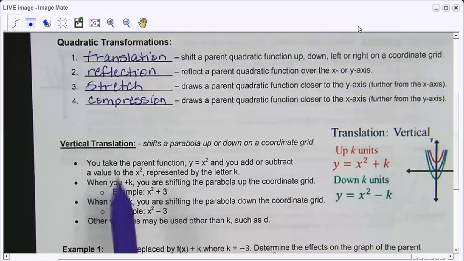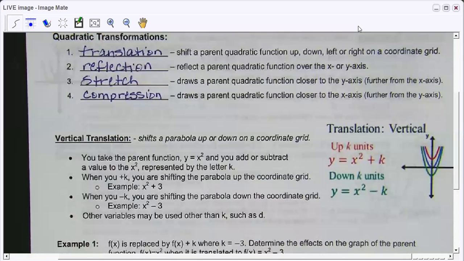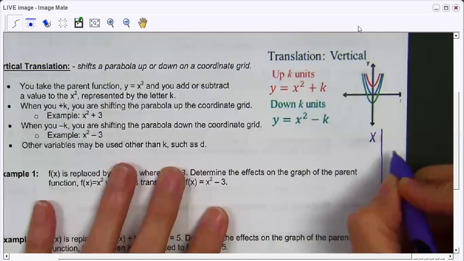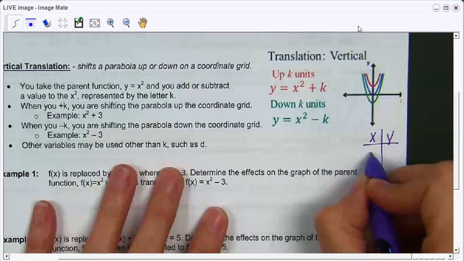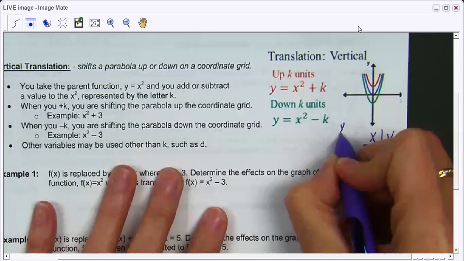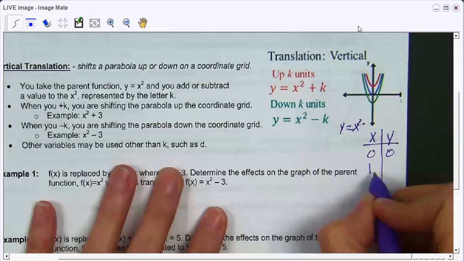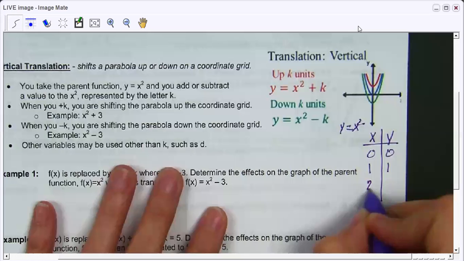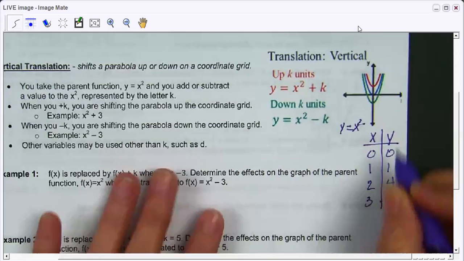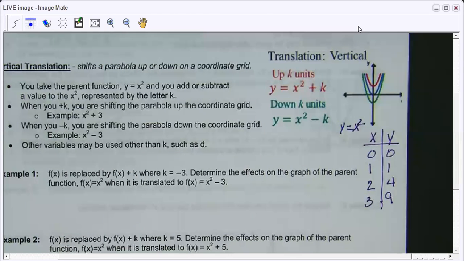So you take the parent function. Remember, we talked about in our last lesson that the parent function has a table that looks like this, where you have 0, 0, and then 1 squared, and the equation looks like this. And so 1 squared would be 1, 2 squared would be 4, 3 squared would be 9. So when it talks about the original parent function, this is the parabola it's talking about.